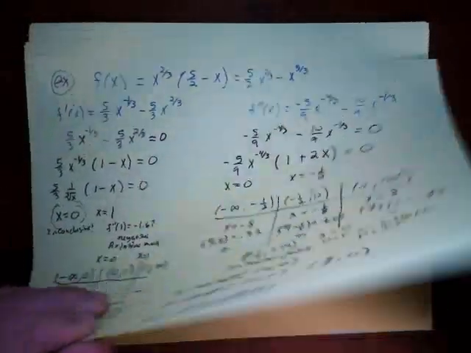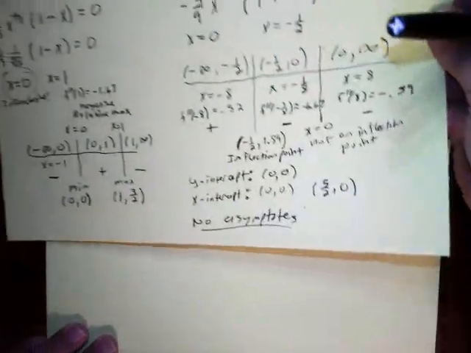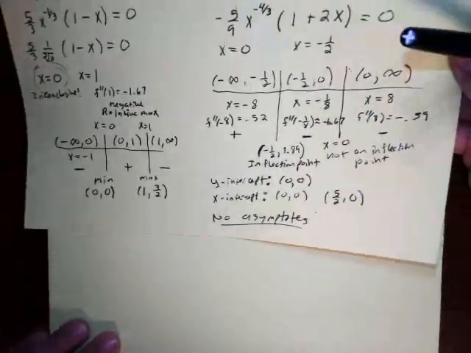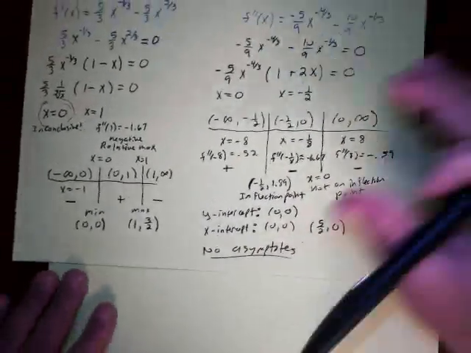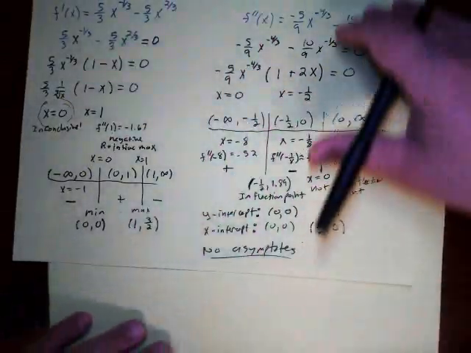Let's see if we can put it all together and make a graph. Now I have to admit I did cheat. If you do these and you need to look to help you along, that's fine. But use it in connection with the math and try to get the math to fit the graph, okay? And if you can actually do the math and then do the graph and be correct, that's really awesome, okay?